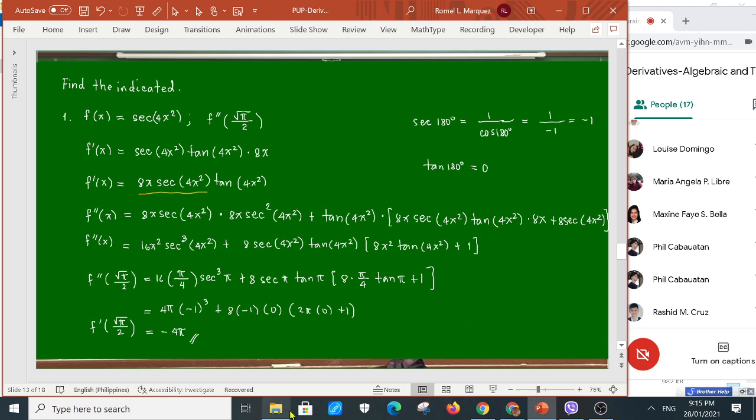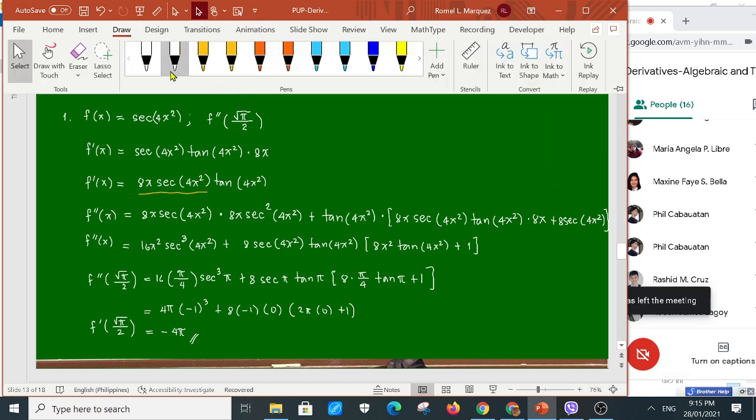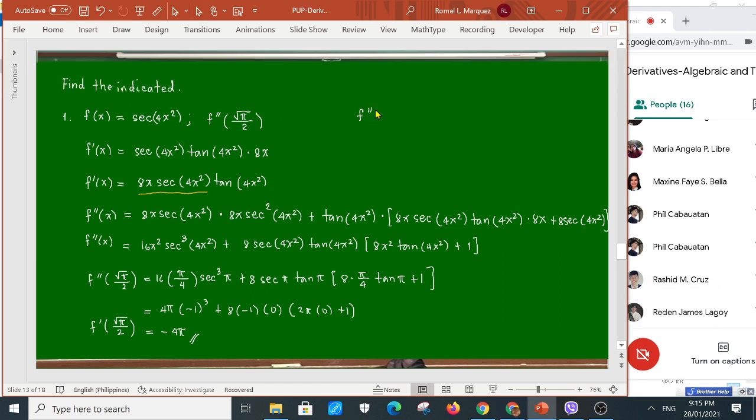Substitute naman natin. Nasaan na ba yung aking eraser? Last na talaga. Wala pa namang 9:30. Buburahin ko na to ha, guys. Yan, ilan na lang tayo? 16 pa rin. Ano naman yung f double prime of square root of pi over 4?